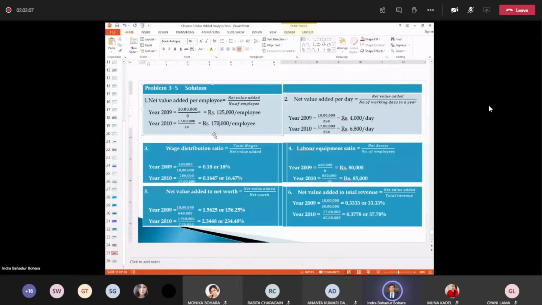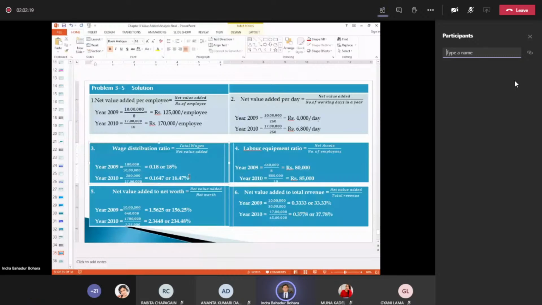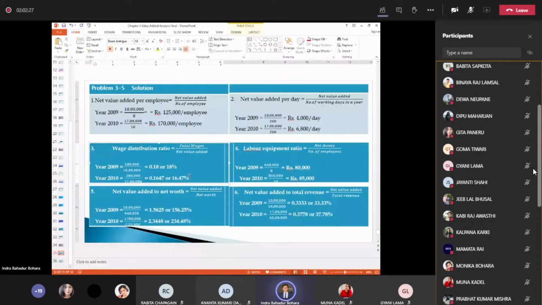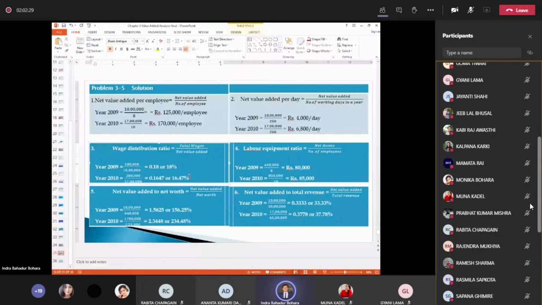Similarly, wage distribution ratio shows the better position of the company because the company is able to reduce the percentage of wage payment to the workers out of total value added. So the expenses paid to the employees in terms of wage decrease proportionately.